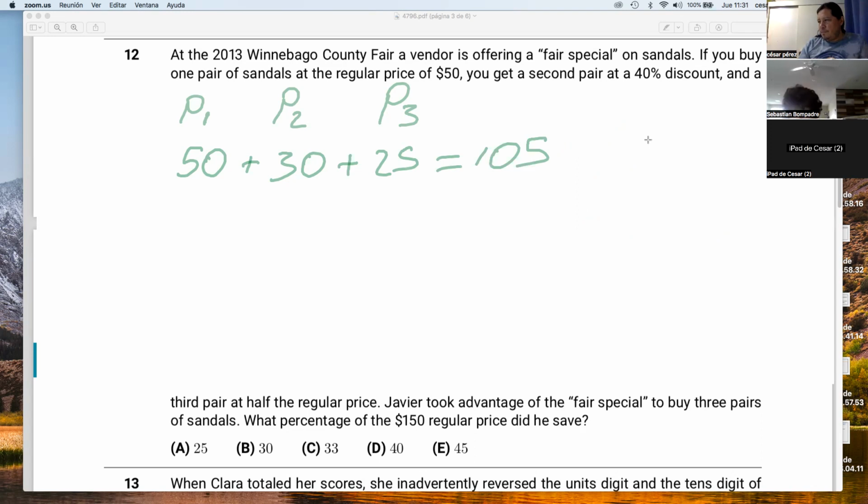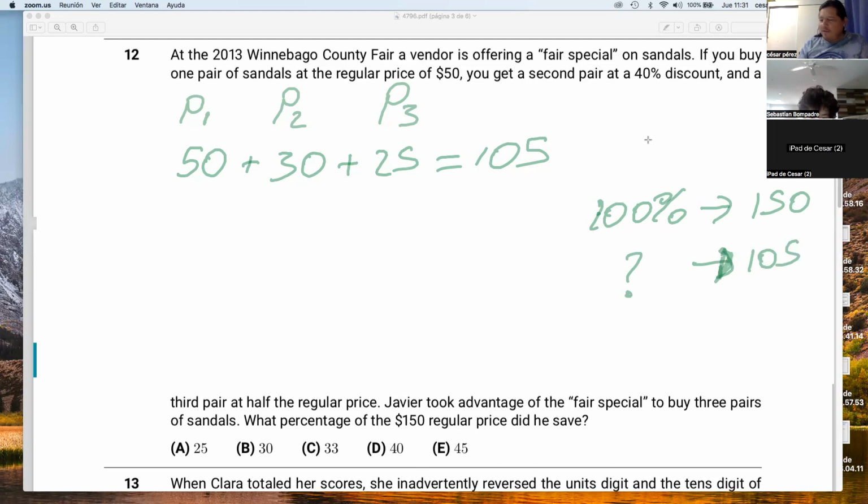So if we know that 100% is equivalent to $150, what percentage did 105 represent?